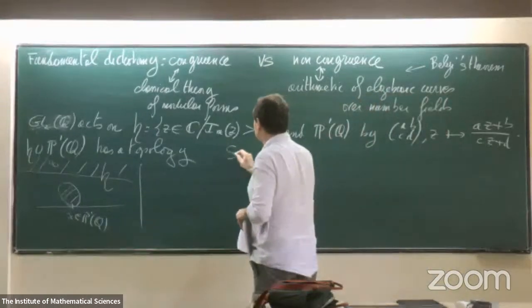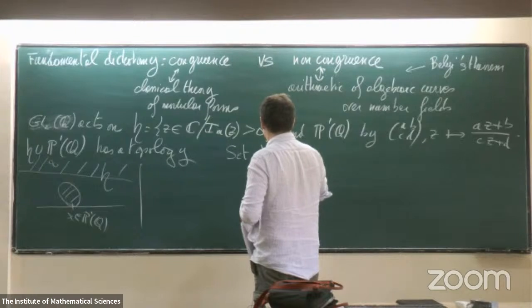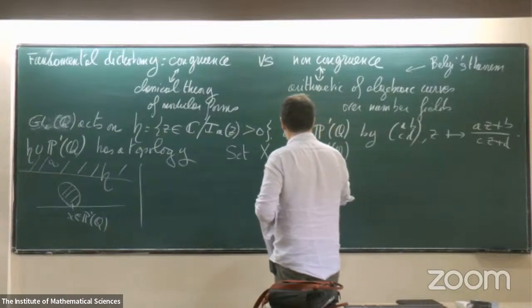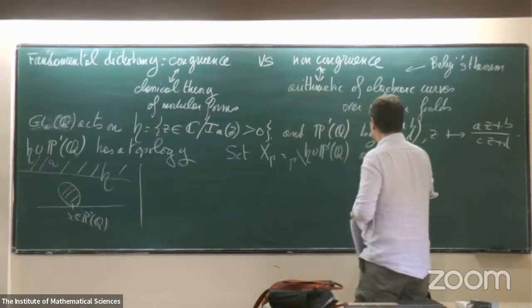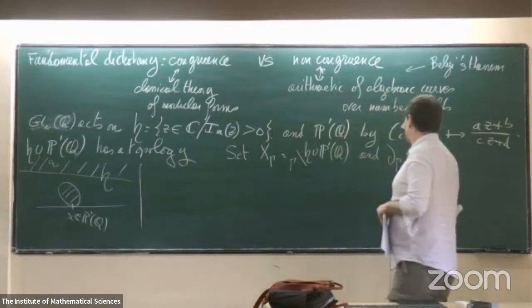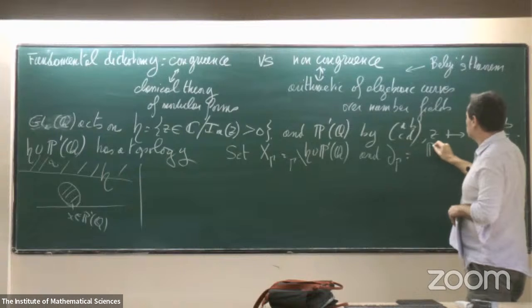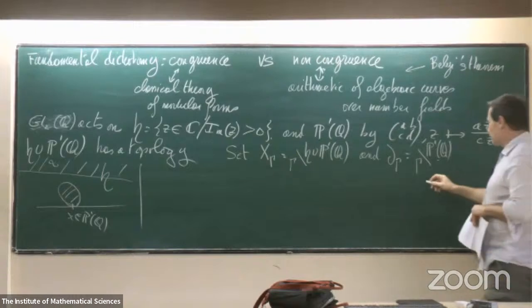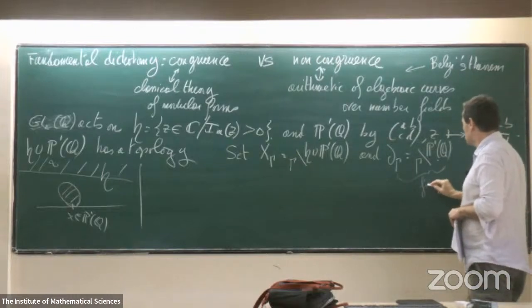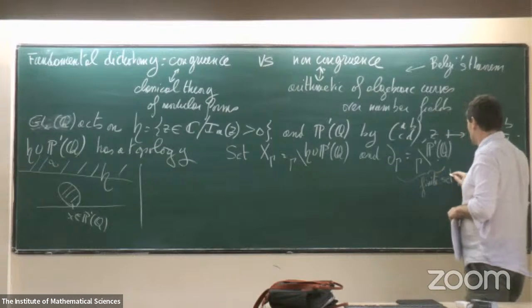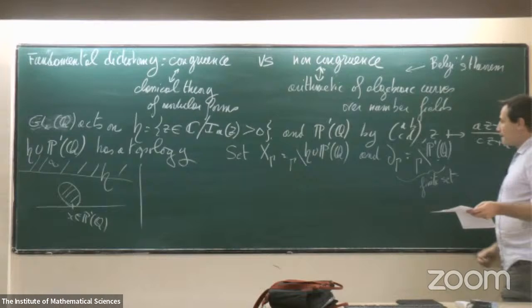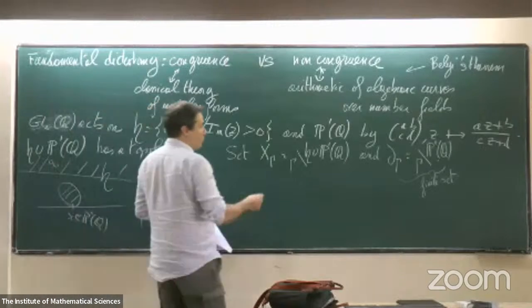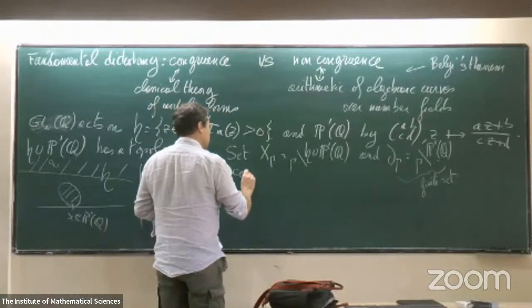So set the union of H and P1 of Q, and the boundary partial gamma is P1 of Q. It's something of the Riemann surface.